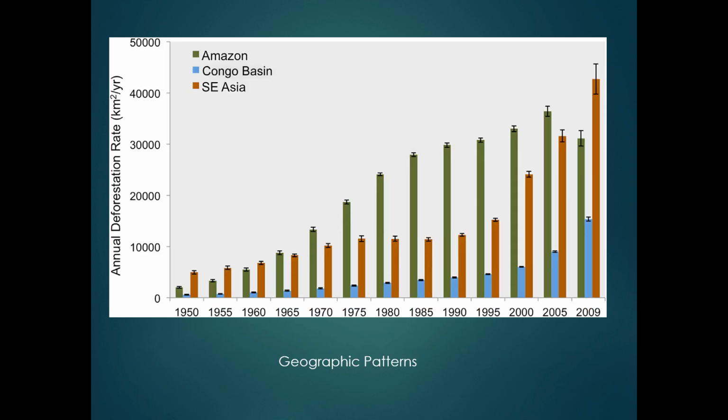Now, here's another interesting pattern, and this is more recent. This is from 1950 on the left, and you can see up to 2009. We have 3 different colors representing, of course, geographies. The Amazon region is dark green, and you can see through time, starting in the 1950s, when Western Europe and the United States get more involved in not just exploiting the region of the Amazon for mining.